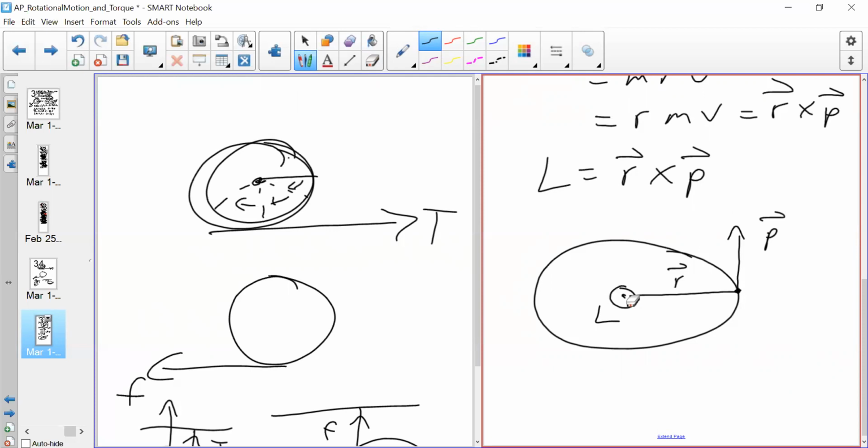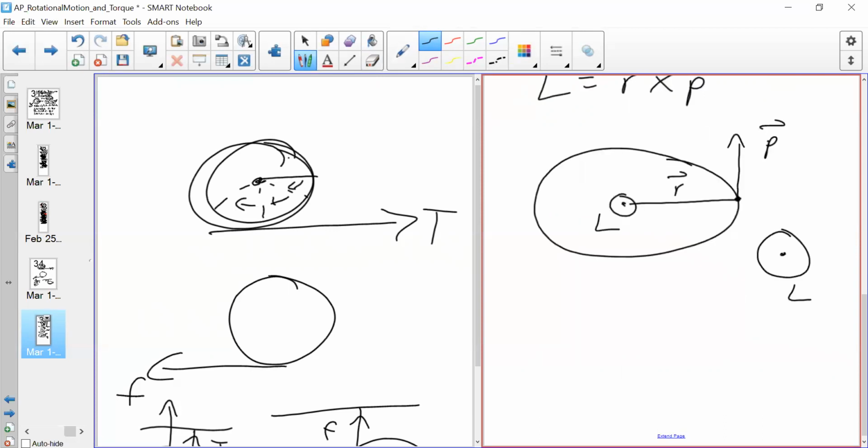How do we know that the angular momentum in this configuration, this symbol here, means that the angular momentum comes out of the page? Again, we have to employ the right-hand rule. If you have your fingers represent the direction of the linear momentum around the circle, your fingers will be pointing up in the air. The radius will be the direction of your palm, so your radius should be pointing towards your left.